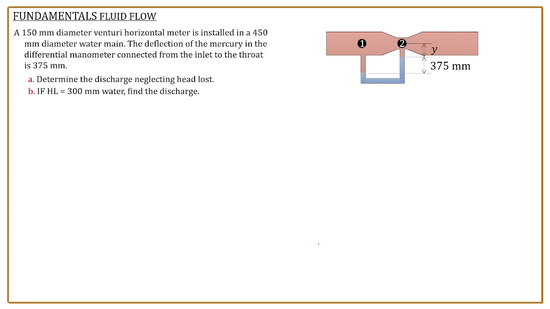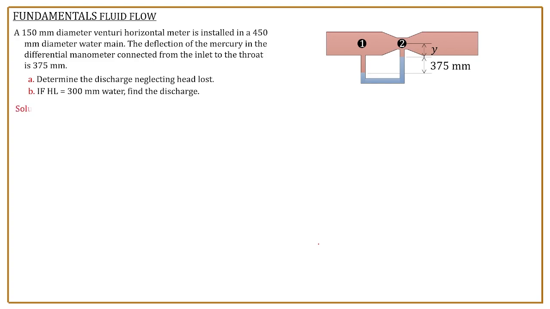The deflection of the mercury in the differential manometer connected from the inlet to the throat is 375 millimeter, as shown in the figure. Letter A, determine the discharge neglecting head loss. Letter B, if the head loss is equal to 300 millimeter in water, find the discharge.